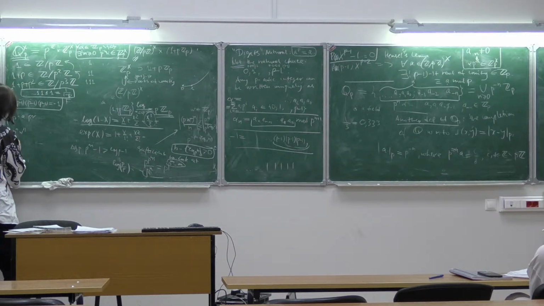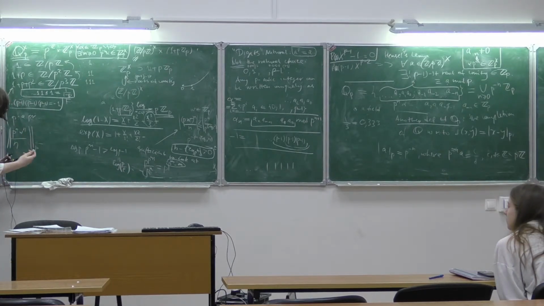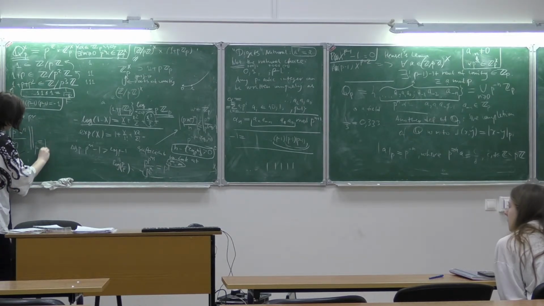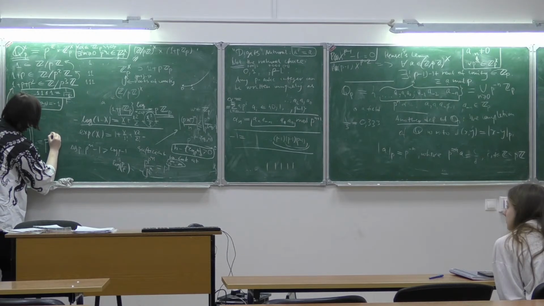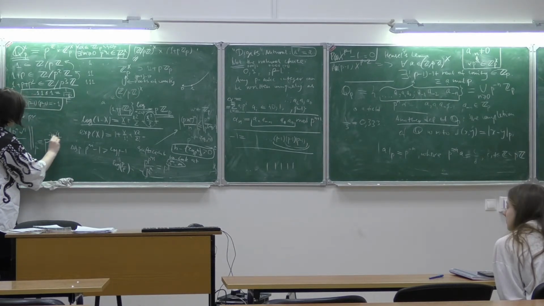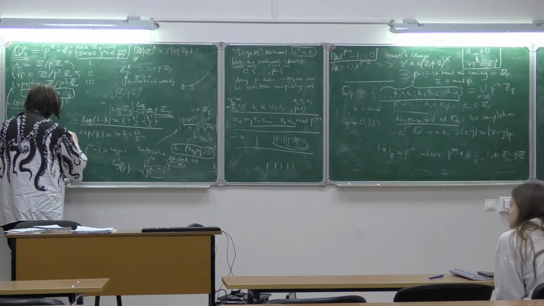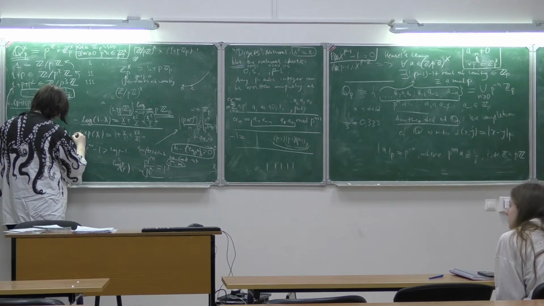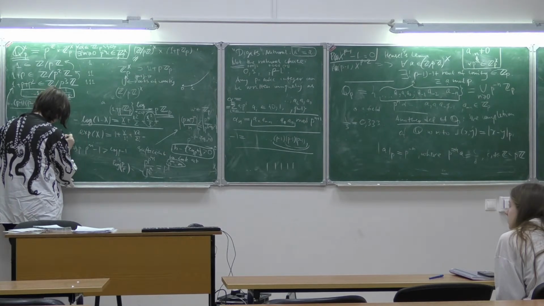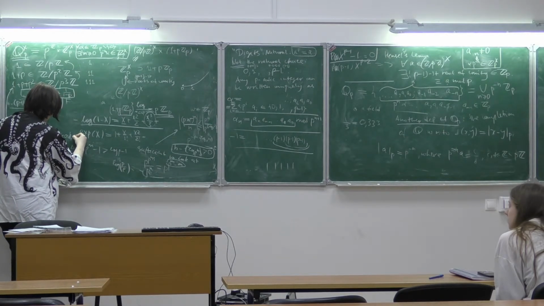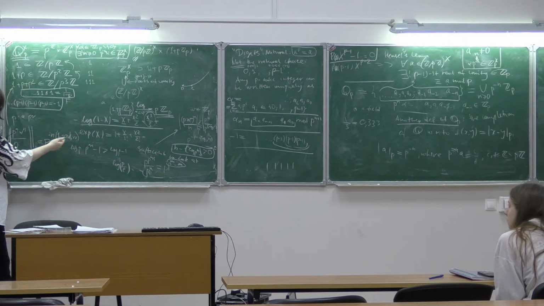Okay, so we have this. The p-adic norm of our summand, which is p to the minus, I'll just take the n from here, and 1 plus... This is just the p-adic valuation of this.